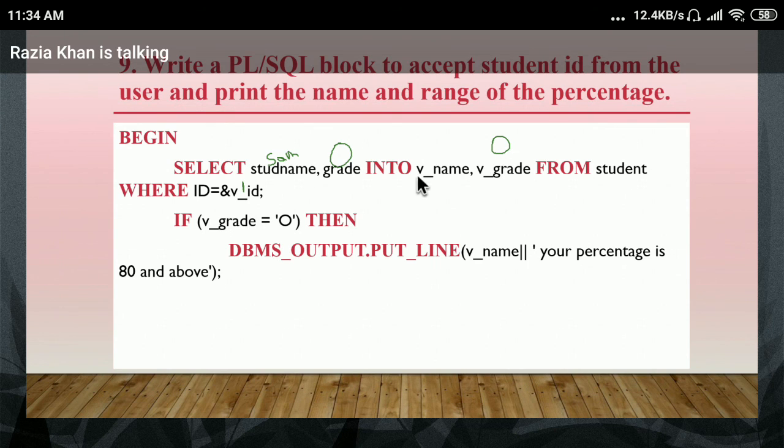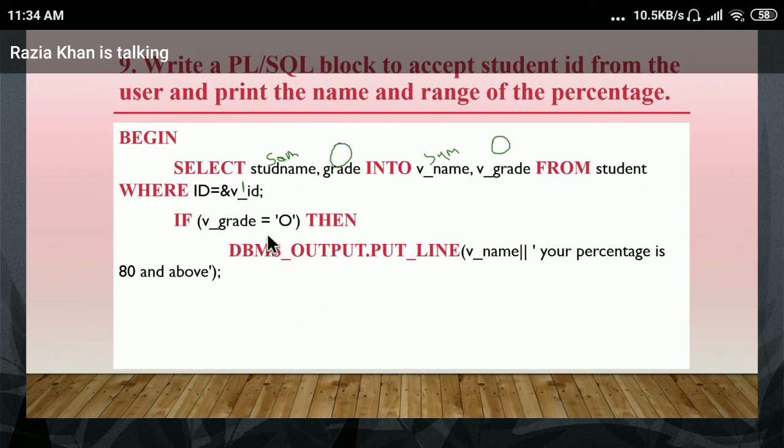So for example, these variables store Sam and O. It will check v grade. So v grade is O. If v grade is equal to O, is it true?